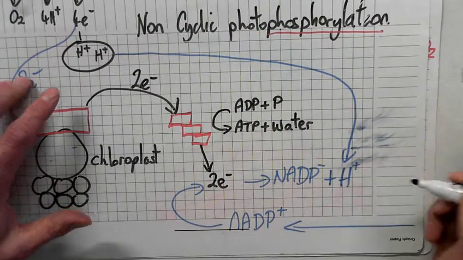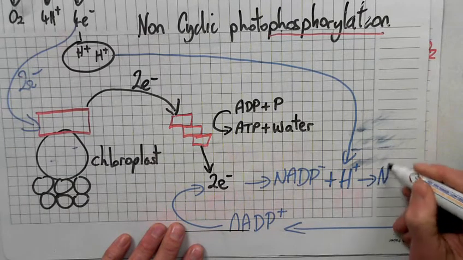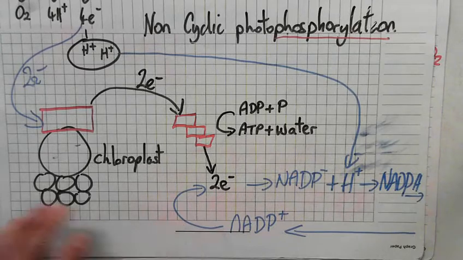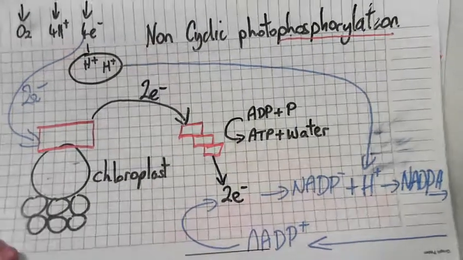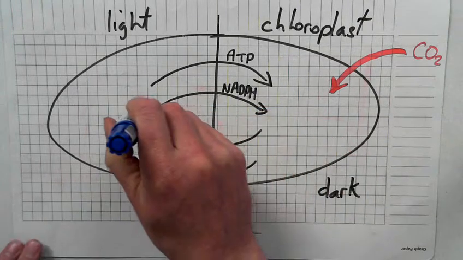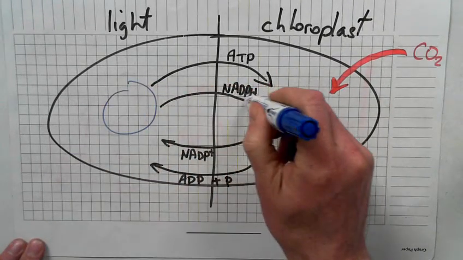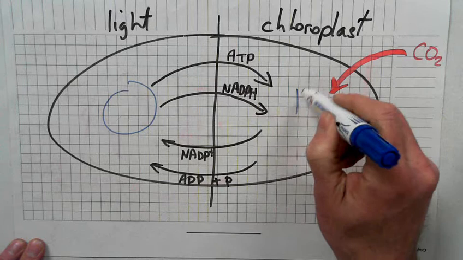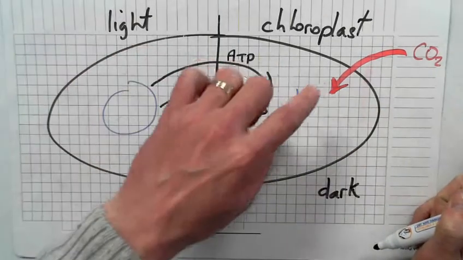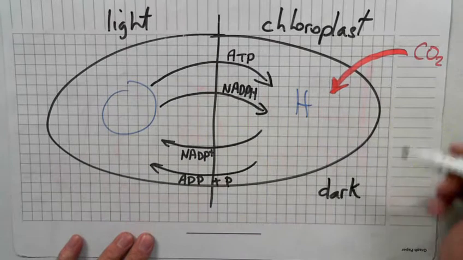So it's an H plus to become NADPH, and that travels off to the dark stage. This NADPH travels from here, the light stage, to the dark stage. It drops off its hydrogen. ATP is the energy required to form glucose.